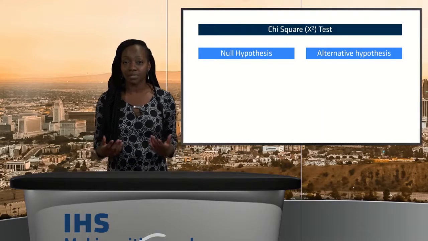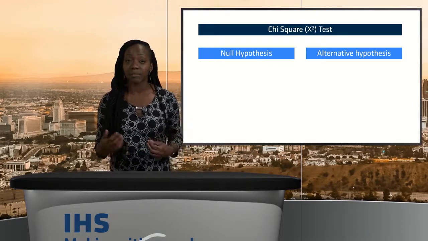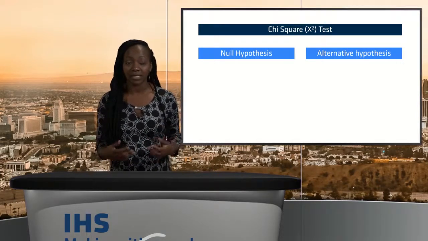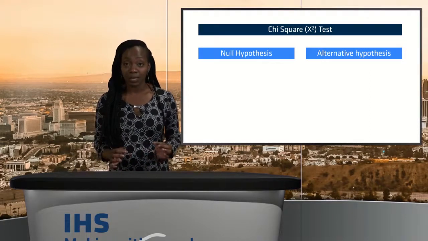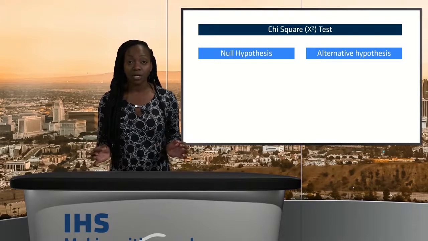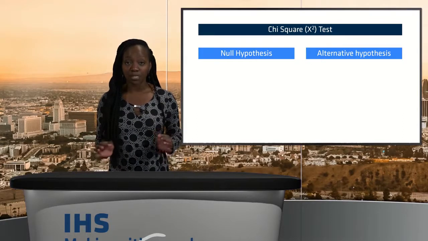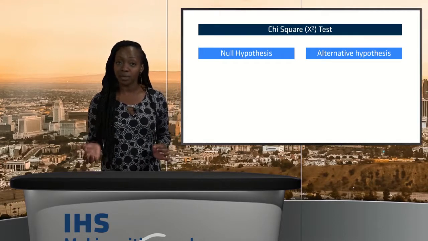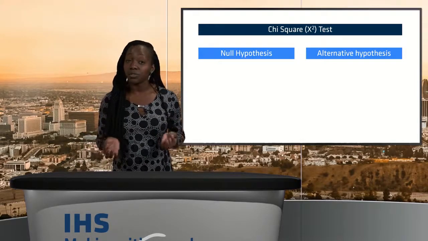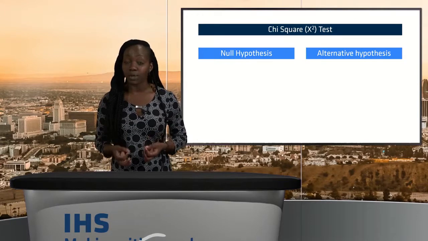Let me elaborate this further using the research question about male and female career paths. In this example, the null hypothesis would be that men and women do not differ with respect to wanting a career. The alternative hypothesis would be that men and women do differ with respect to wanting a career.